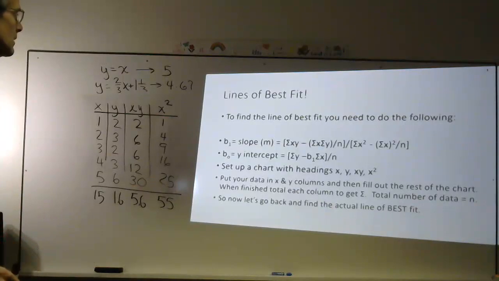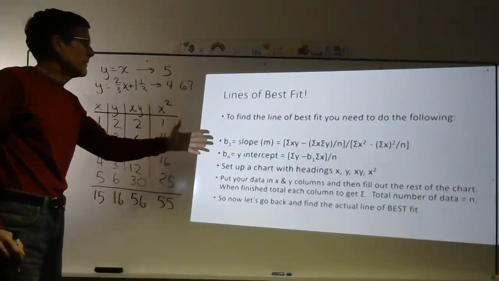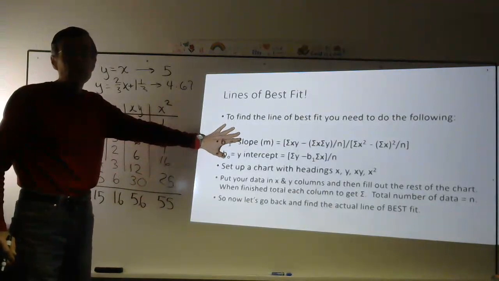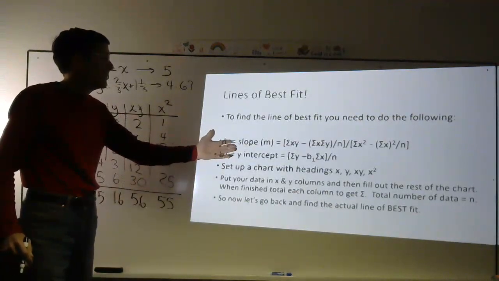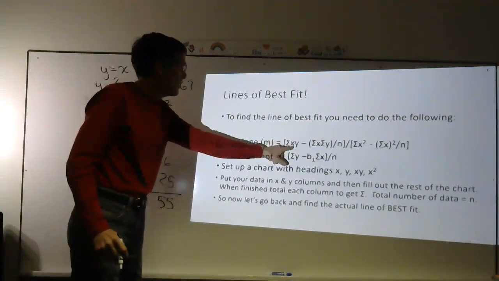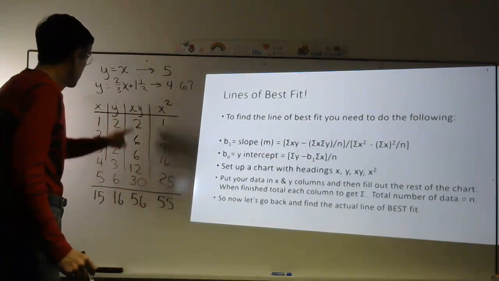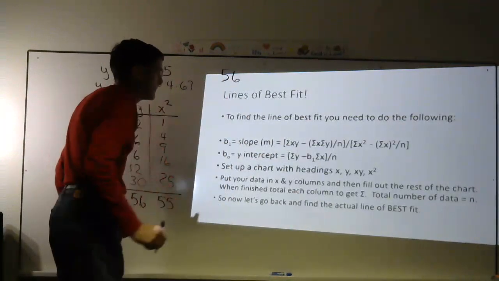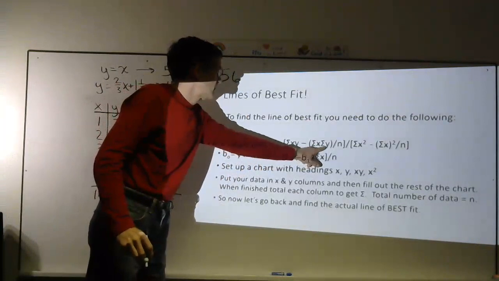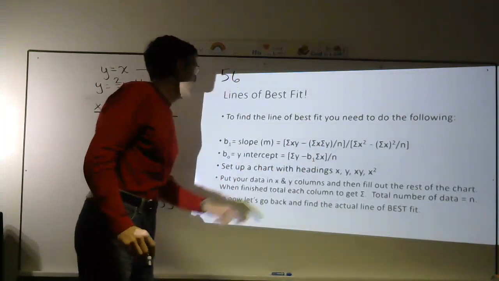Looking good. All right, to get the line of best fit. And by the way, you do not have to memorize these. I will have these for you. So the slope is equal to the summation of the xy's, which is 56, minus the summation of the x times the summation of the y.